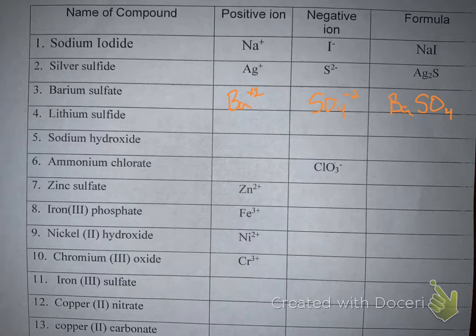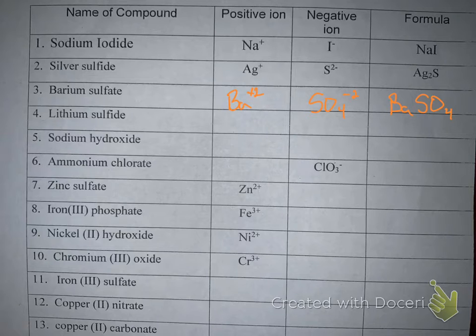Okay, so lithium sulfide, that's what we've been doing. Let's come down here to zinc sulfate. Now, I can't look at zinc on the periodic table and know the charge of zinc. But if I look at the back of my periodic table, it says that I have zinc with a +2 charge.